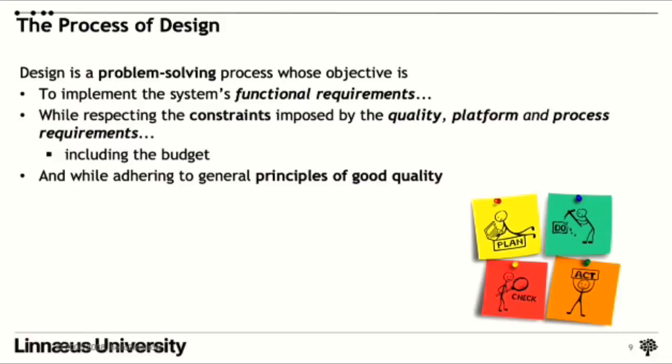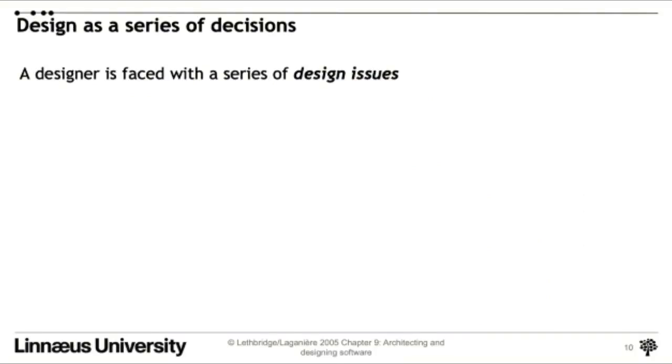And then, of course, we want to adhere to general principles of good quality. This is what we're going to discuss today: what these principles are and why they are important. So, we are designers, and usually a designer is faced with a series of design issues. What is a design issue?